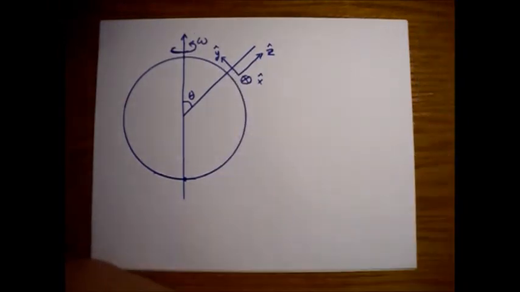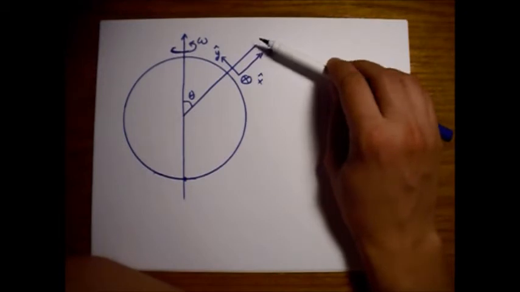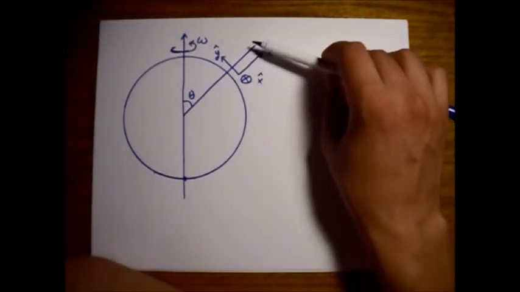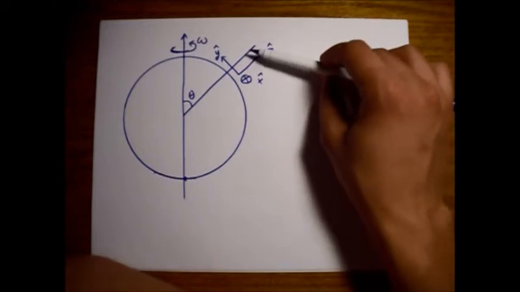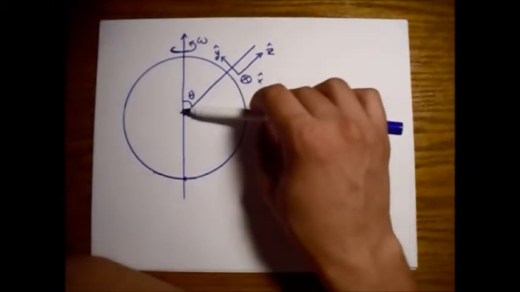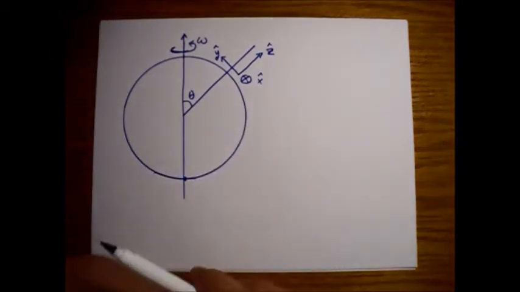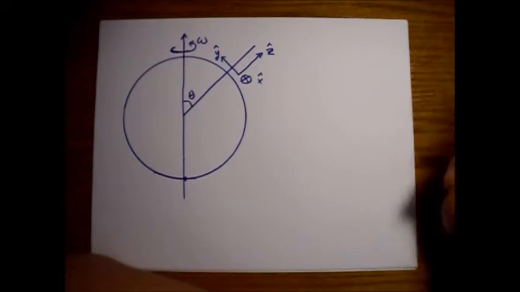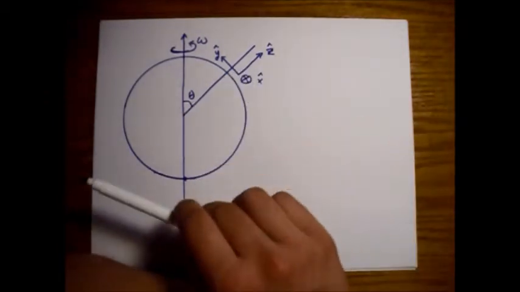So first we're going to look at dropping the particle from a certain height straight down towards the center of the Earth, and we're going to see how much the Coriolis force would deflect it.